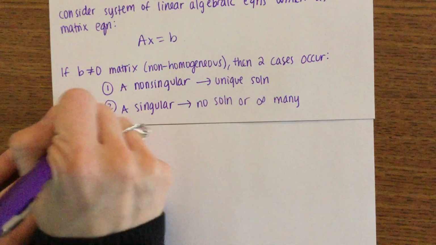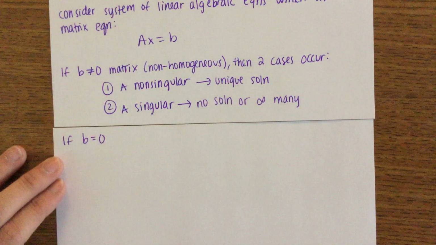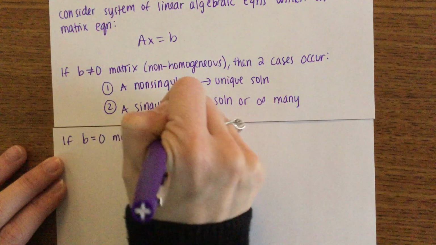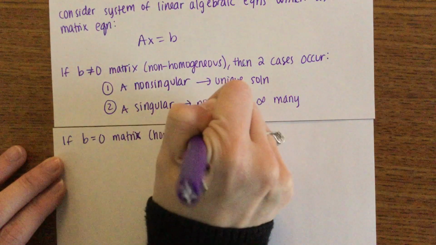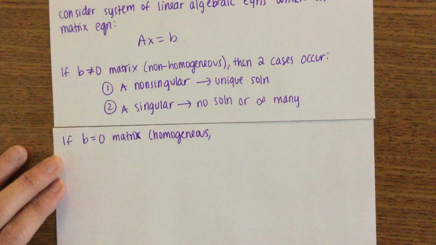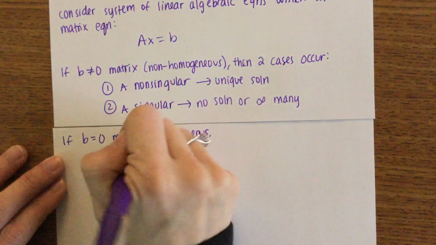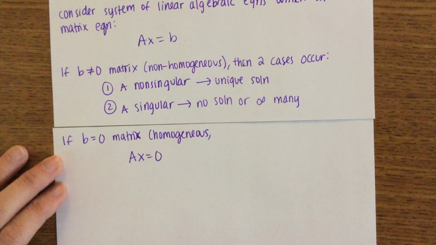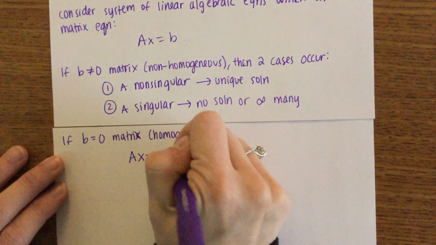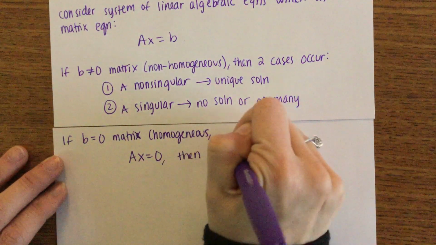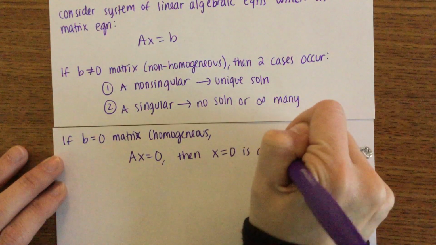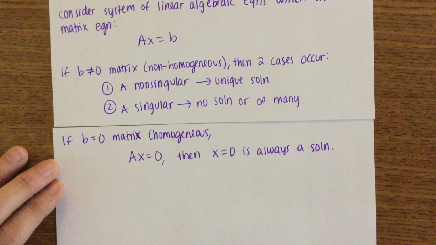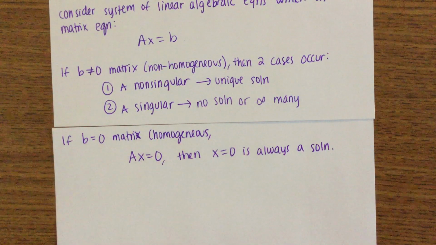We are also going to consider homogeneous boundary value problems, which would be the case when B is the zero matrix. If that's the case, our system then is AX equals 0, again, 0 being the zero matrix. Then X equals the zero matrix is always a solution. Oftentimes we're not interested in that solution though.